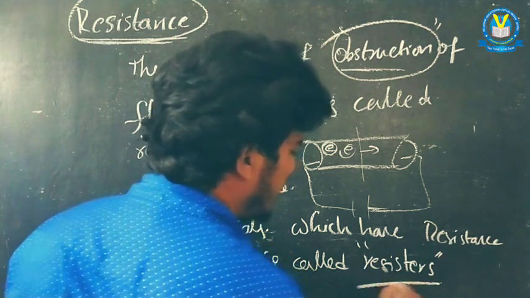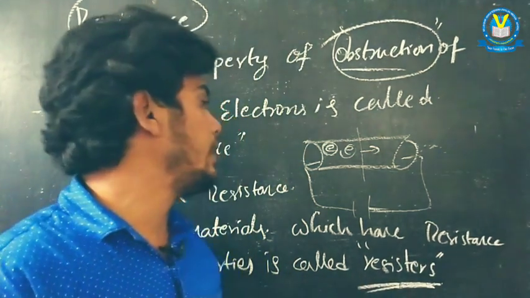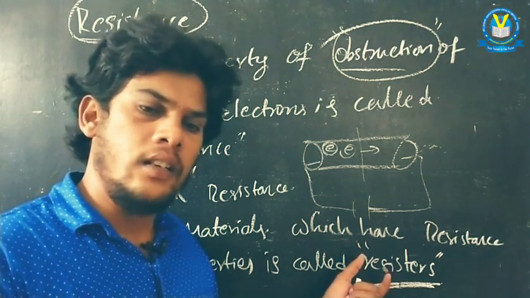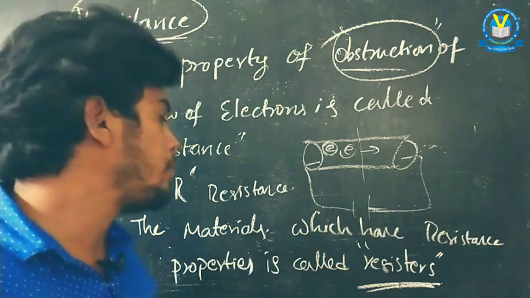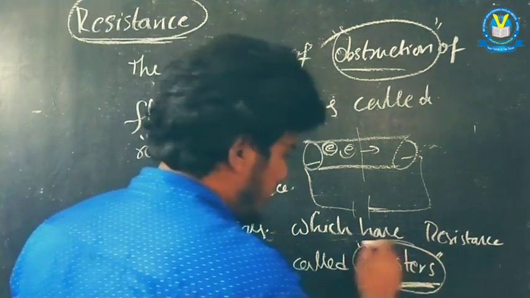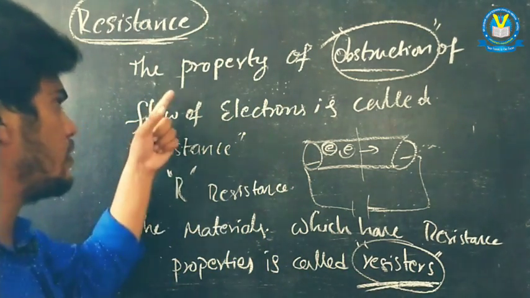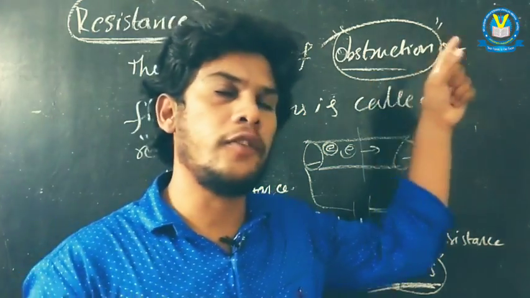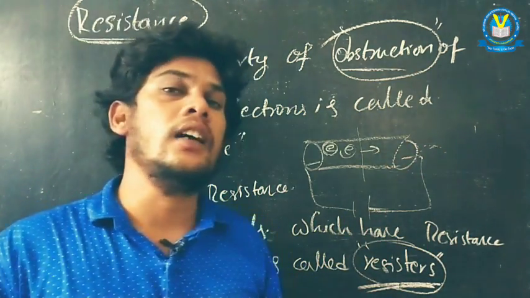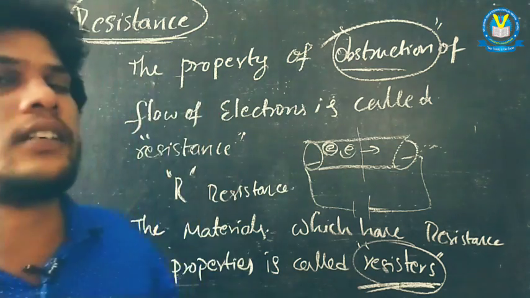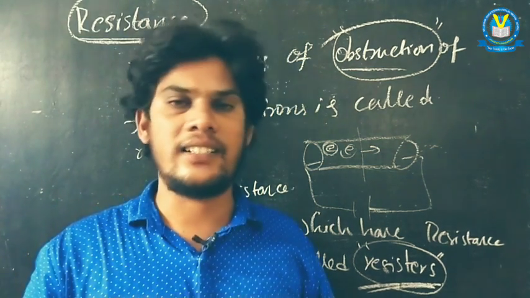So resistors are nothing but the materials which have the property. What is that property? Resistance property. They are called resistors. So resistance means obstruction of the flow of electrons in the conductor, and resistors means the materials which have the property of resistance.